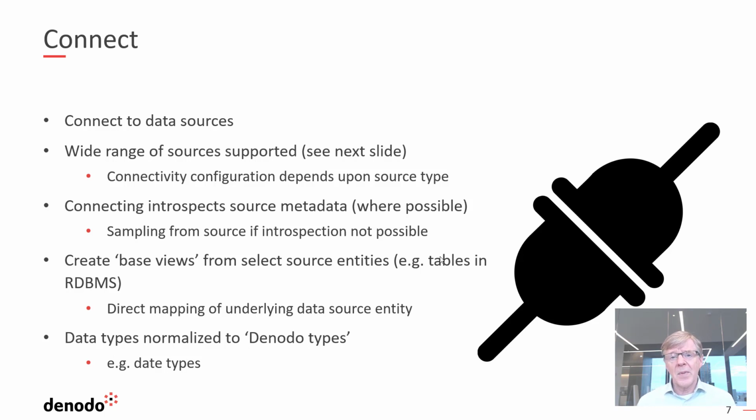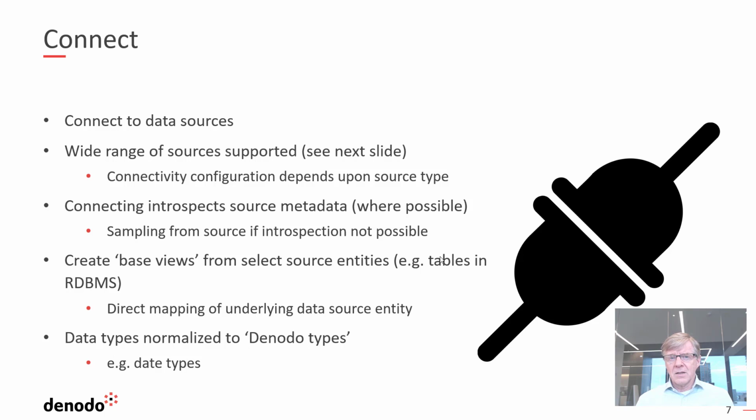Let's say I build base views on top of a table in an Oracle database, an Excel spreadsheet, and a tab delimited log file. And I want to combine the data from these three base views into a derived view. And I want to do some date filtering on that.